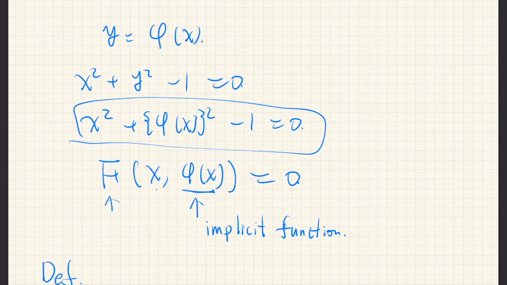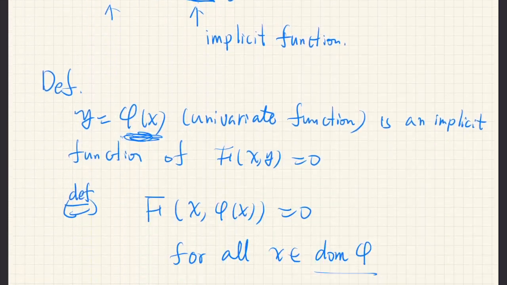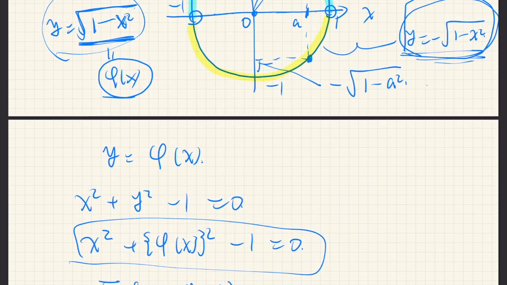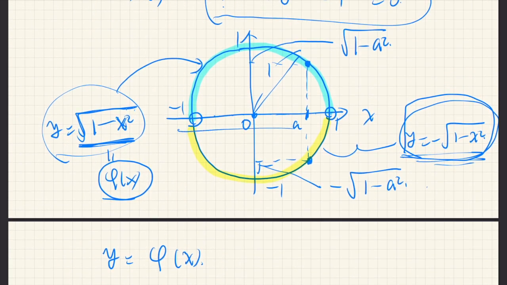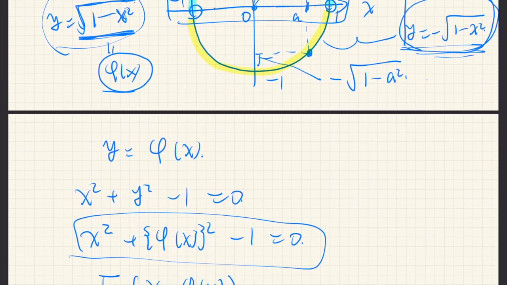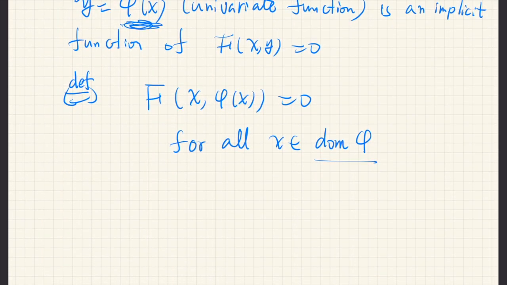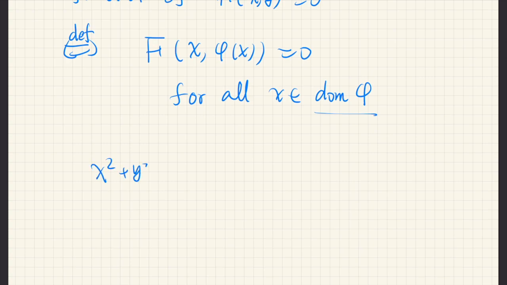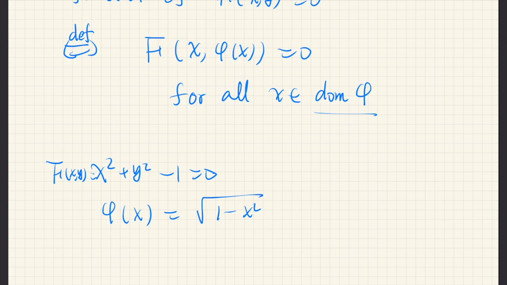In the case of this unit circle example, the domain of phi is between -1 and +1, not including the endpoints. So in the case of x squared plus y squared minus 1 equal to 0, that's F of x, y, the implicit function is either square root of 1 minus x squared or negative square root of 1 minus x squared.